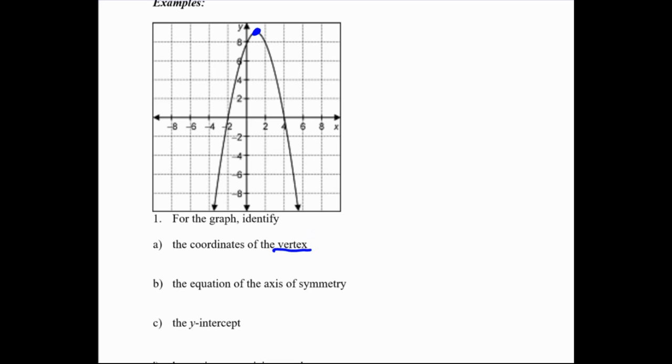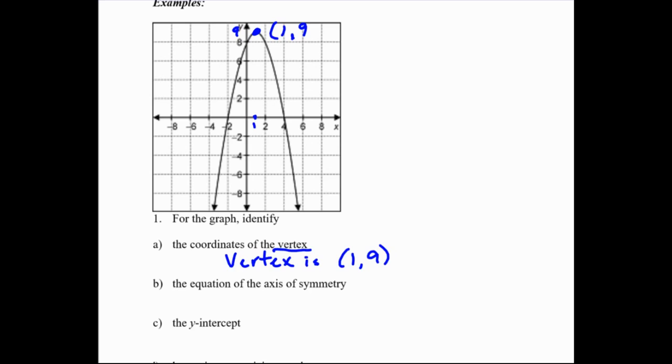They're not giving us an easy number, but we are going by 2's here, so I bet that number right here is 9. We are going by 2's here also, so I bet there's a 1 here. What looked like it would be hard to predict is actually pretty easy. So we have a vertex of 1, 9. The vertex is the coordinate 1, 9.